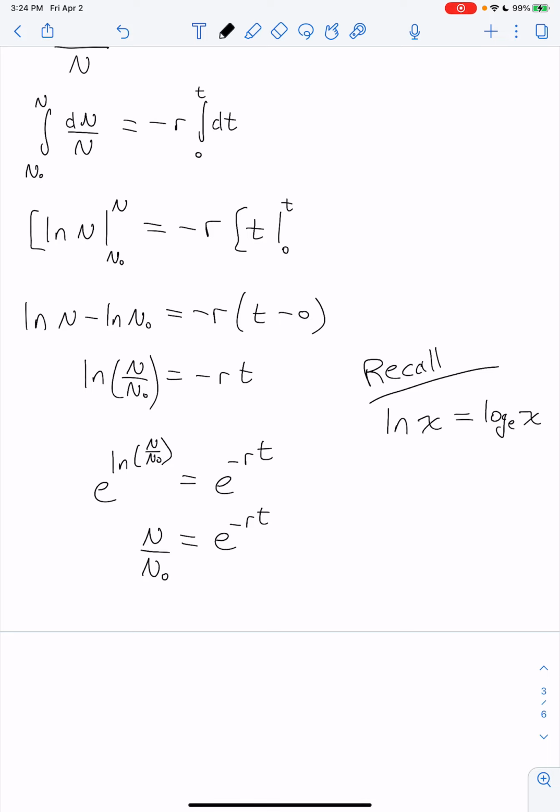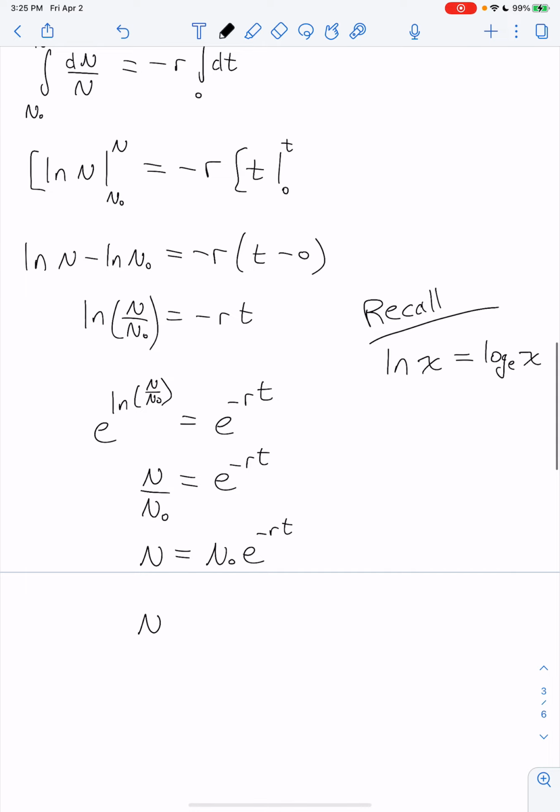And here we are. We can now rewrite this as n is equal to n naught e to the negative rt. And this can also be written as n is equal to n naught e to the negative t over tau.